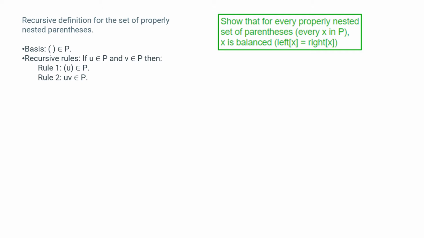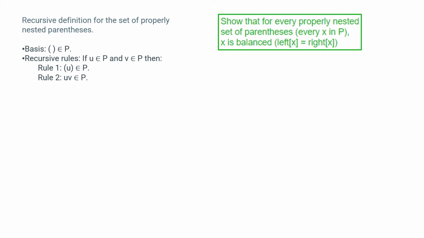So if you remember, before I talk about the individual rules, these recursive rules start with: if U is an element of P, and V is an element of P. So we're starting with 2 strings of what we would consider properly nested parentheses.